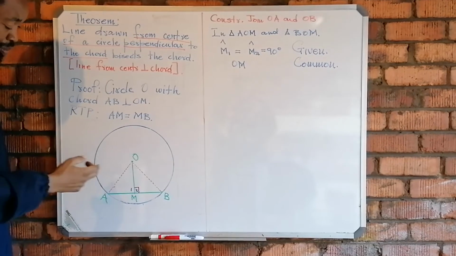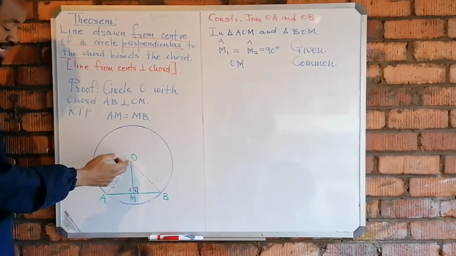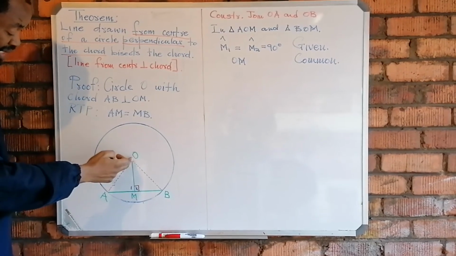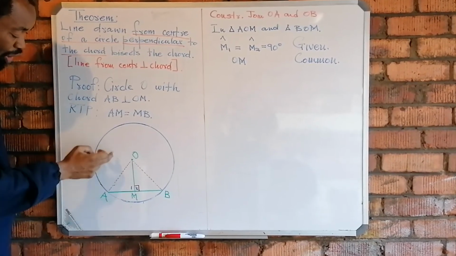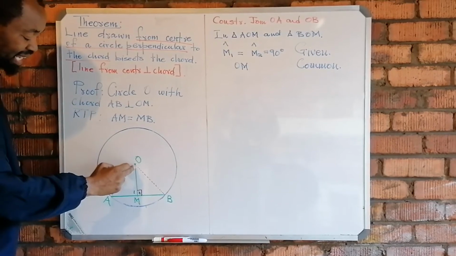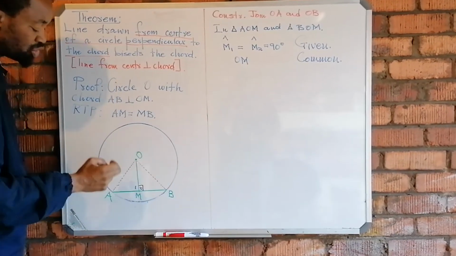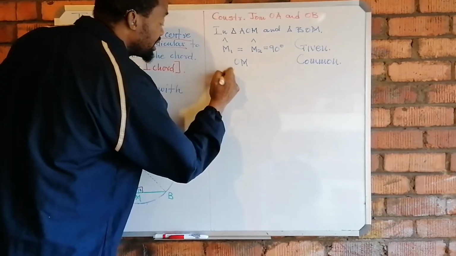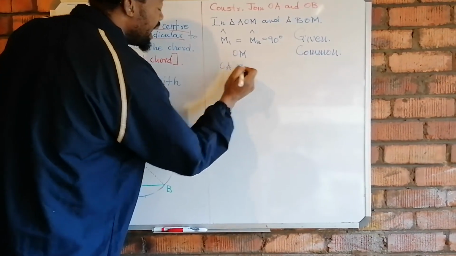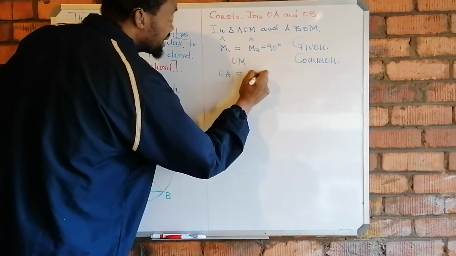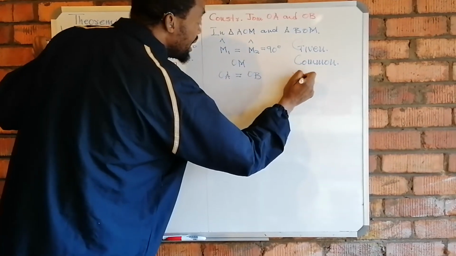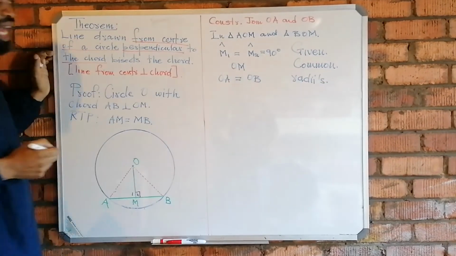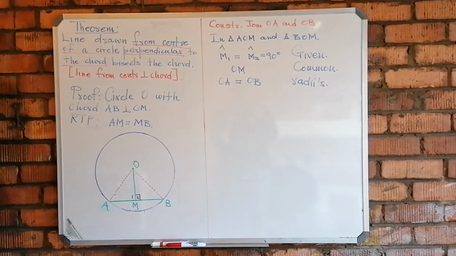What I know from previously is the fact that radii from the same point are equal. Radius OA for this circle is exactly the same as radius OB for the same circle. That is why I'm going to say in this triangle, OA is exactly the same as OB. The reason is these are radii from the same point.